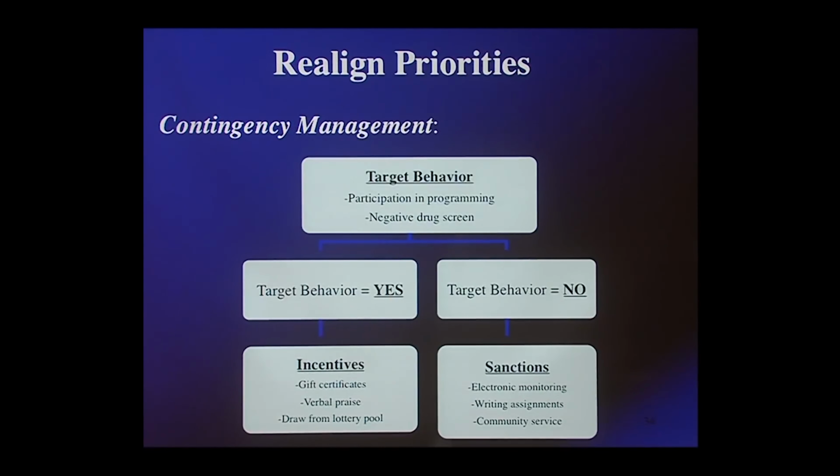So if you give the target behavior, the negative drug screen, you get positive things, you get incentives. If that drug screen turns up positive, you get sanctioned. So you get additional electronic monitoring, you get some writing assignments, you get community service. So again, you're trying to tip the balance towards the target behavior by using incentives or sanctions.